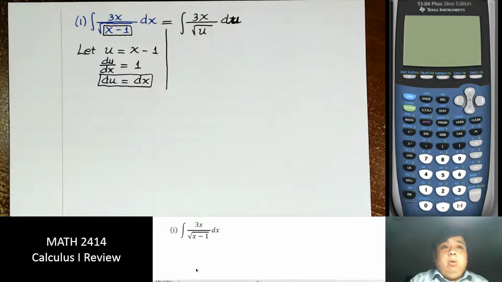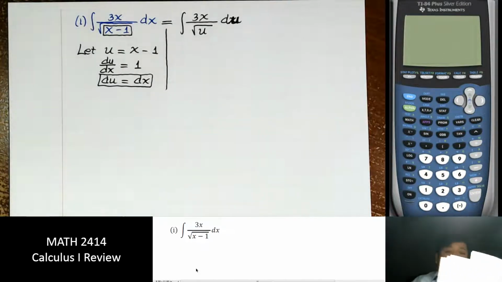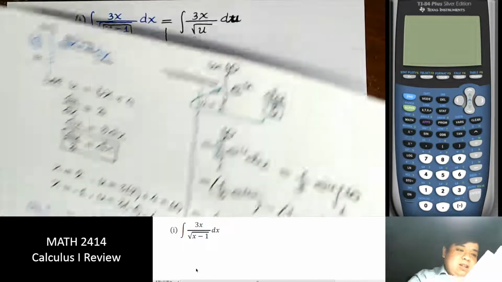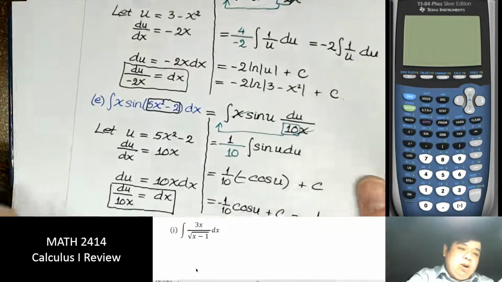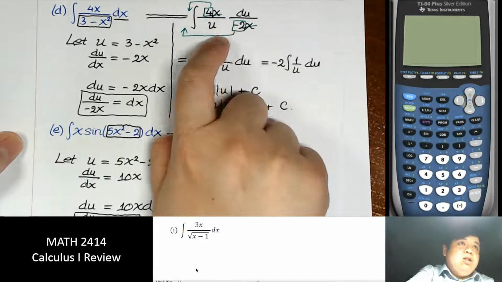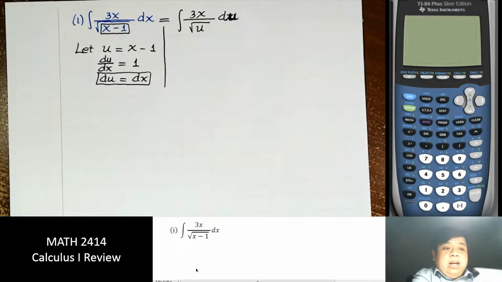Right. So for most of the substitution problems, we should cancel all the x. Like this one, the x is cancelled out and the number is constant. We can take it outside. On here, the 3, we certainly can take it outside. The 3 is constant.